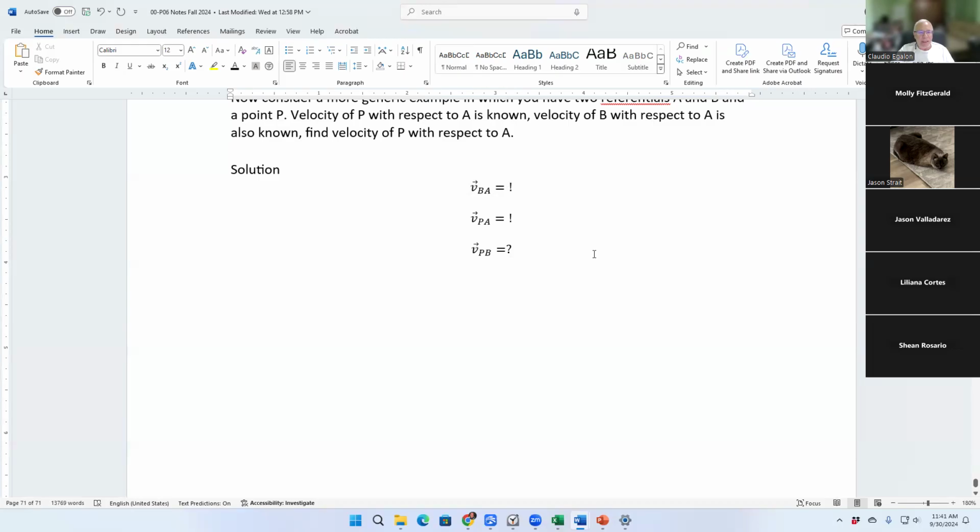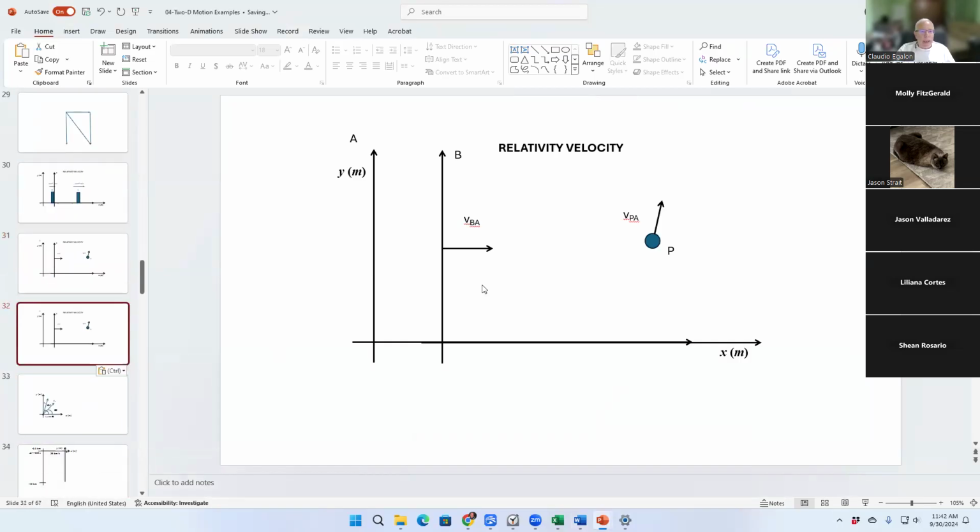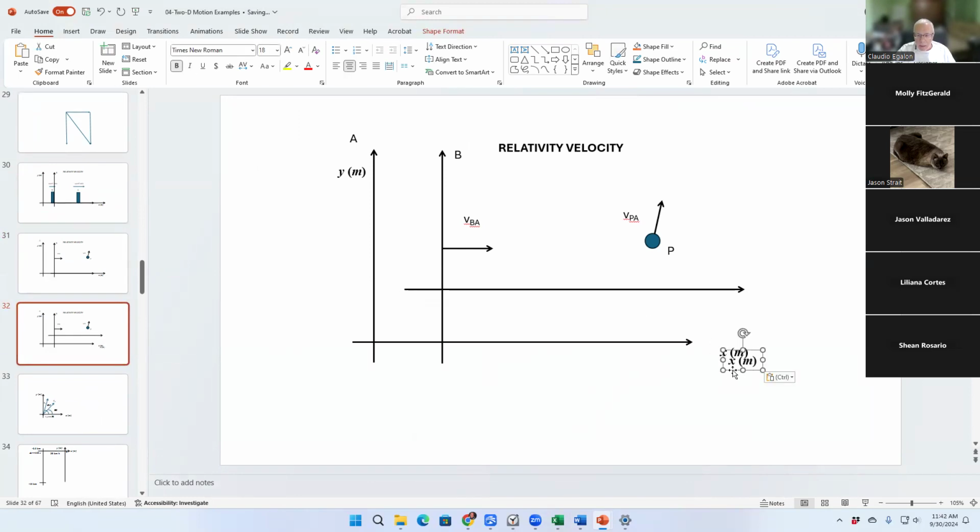There is a very nice treatment for this type of problem. And the way we do it is like that. Okay, first, I'm going to do it a little bit different than what I did before. Consider that now the x-axis of B is displaced like that.